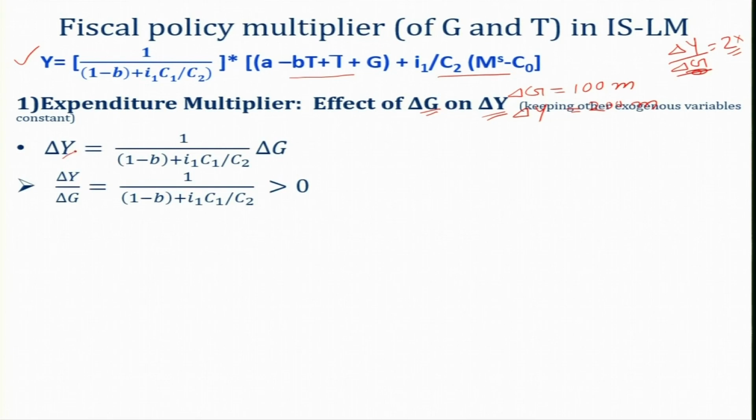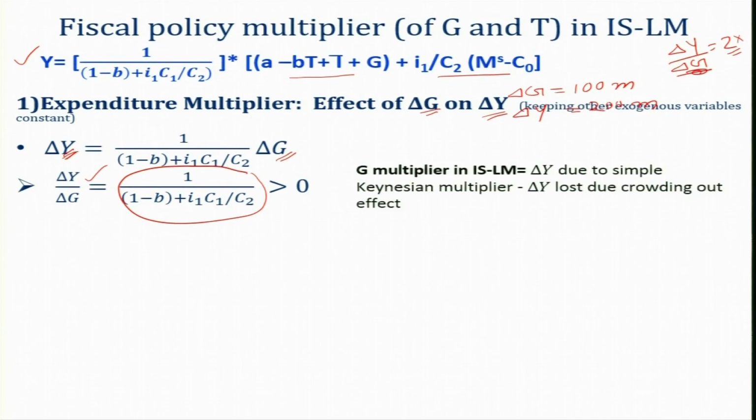You can look at the change in GDP output due to the change in government expenditure. If you take the first derivative, you are going to get this value. This is the fiscal policy, or government expenditure, multiplier.